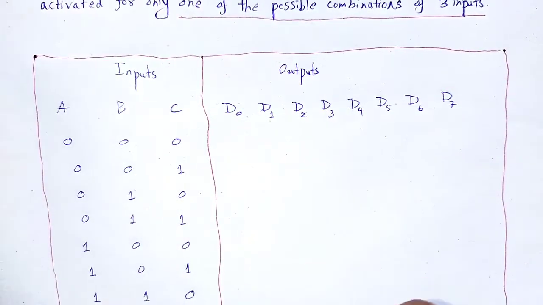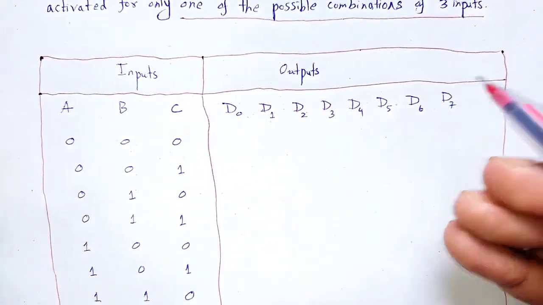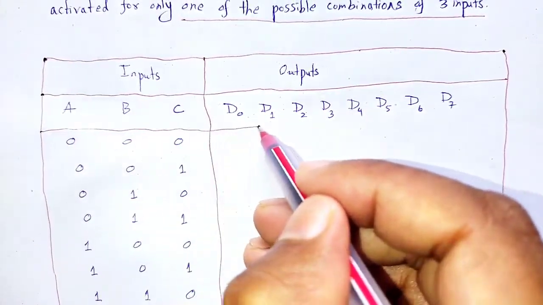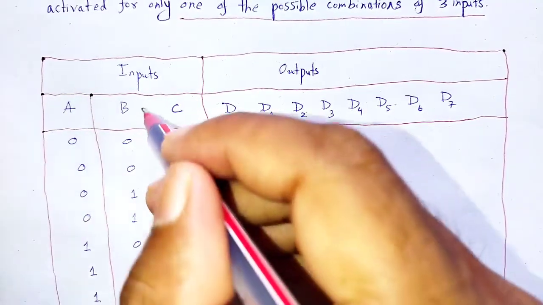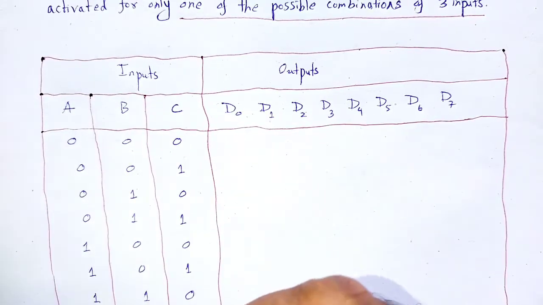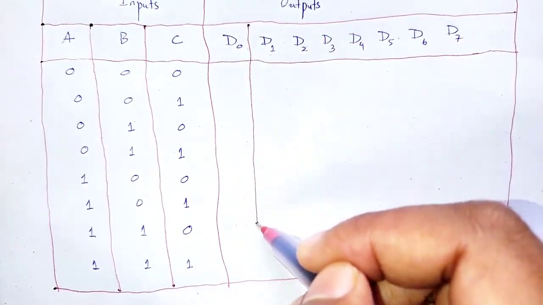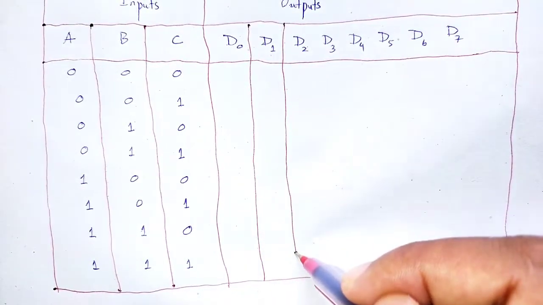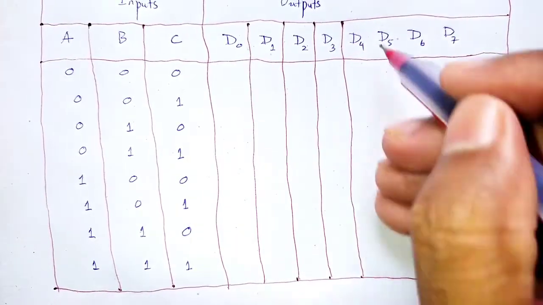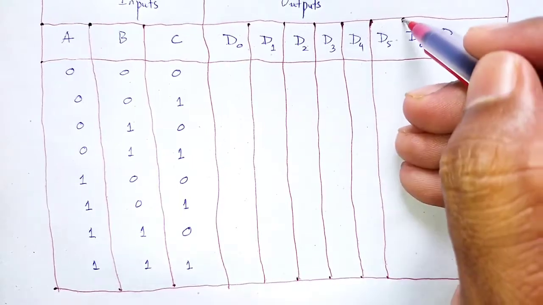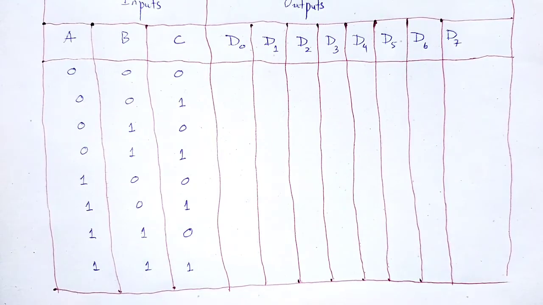Inputs, outputs: three inputs A, B, and C, 8 number of outputs D0, D1, D2, D3, D4, D5, D6 and D7.